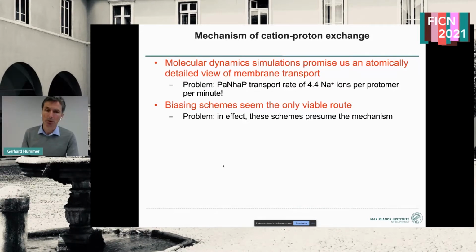So we could use biasing schemes, such as pulling domains up and down. But the problem, of course, is that any kind of strong bias, in effect, presumes the mechanism that is used by this machine to exchange the ions.